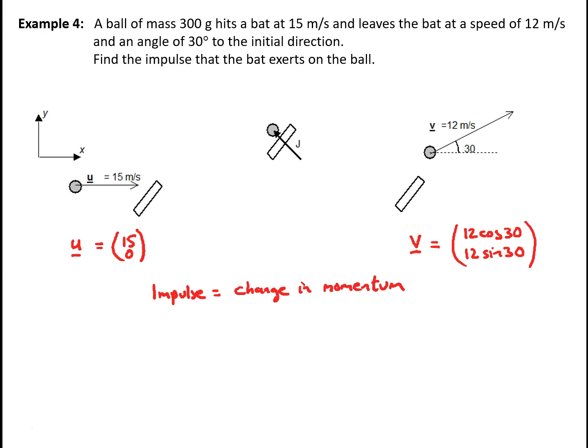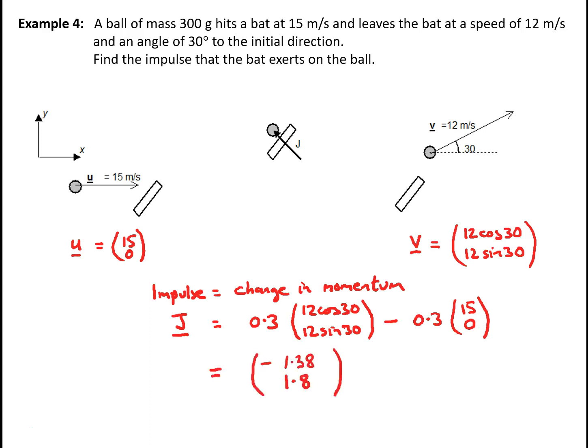So we've got the impulse J is equal to 0.3 times the vector 12 cos 30, 12 sine 30, minus 0.3 times the vector 15, 0, which gives us as our final answer the vector minus 1.38, 1.8. So the impulse has got a component of minus 1.38 in the x direction and a component of 1.8 in the y direction.